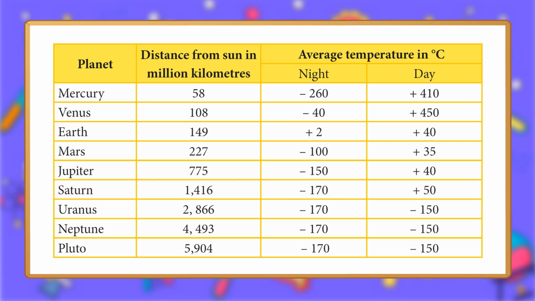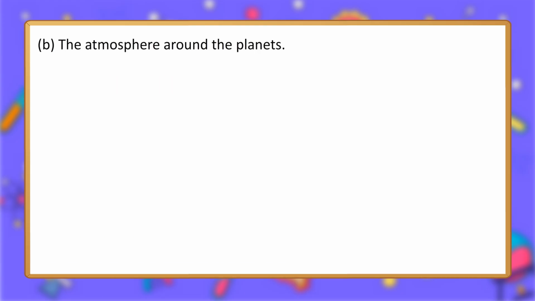Saturn, 1416, minus 170, plus 50. Uranus, 2866, minus 170, minus 150. Neptune, 4493, minus 170, minus 150. Pluto, 5904, minus 170, minus 150.